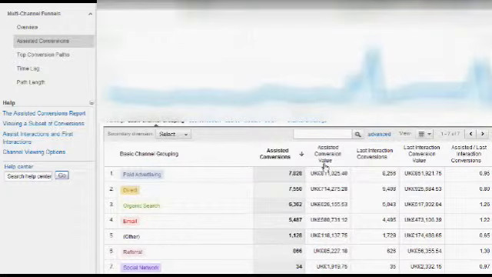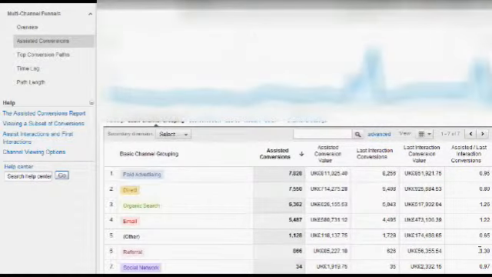So these are instances where a channel brought a customer to your site on a previous occasion prior to the visit with the transaction. We can see here, for instance, referrals appear to have more assisted conversions than last interaction conversions. This is demonstrated by the ratio here. If it's above 1, that suggests there's something worth looking at, especially with regards to the assisted conversions.